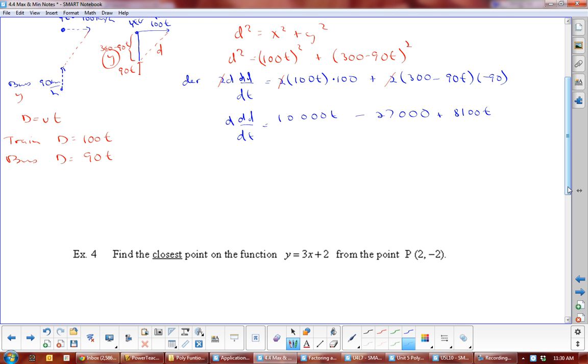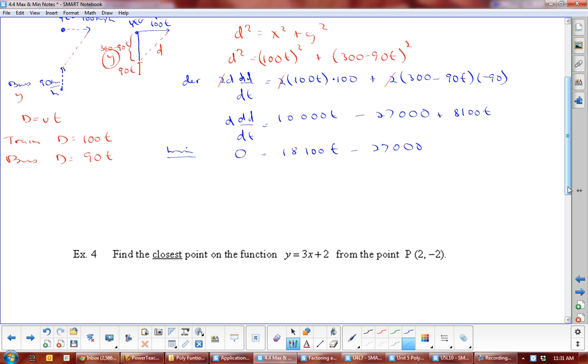Now, do the max. Or no, this one's a min. So 0 equals, see, d times 0 is 0, so it does cancel that on one side. Let's get the t's together. The 8,100 comes over to make 18,100t minus 27,000.